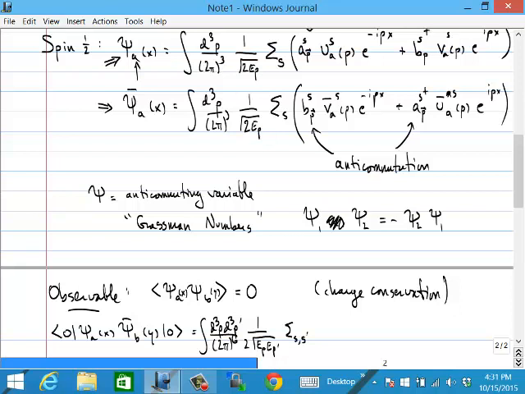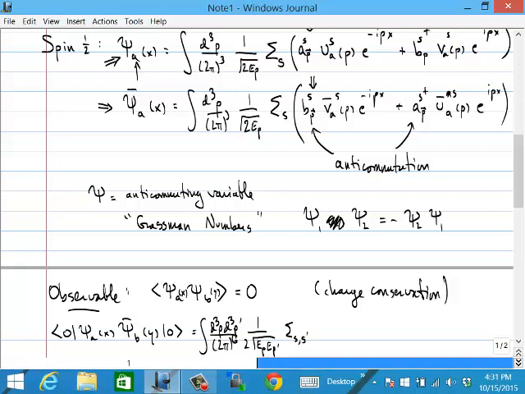And if you stare at the expressions for psi and psi bar here, when you insert the psi on the left, the BP dagger is going to annihilate the vacuum acting from the left. And similarly, when you insert the psi bar on the right, this lowering operator B right here is going to annihilate the vacuum. So the only terms that you have left are the A times A daggers.